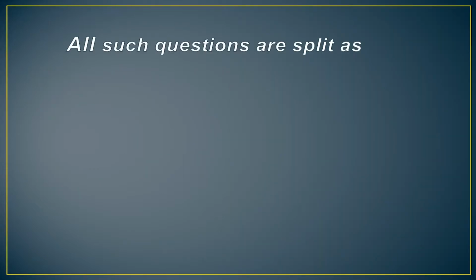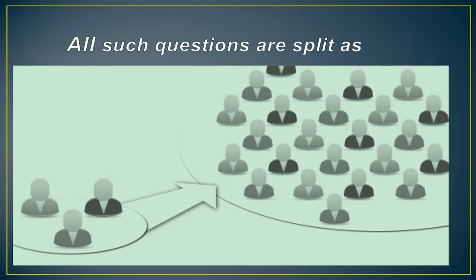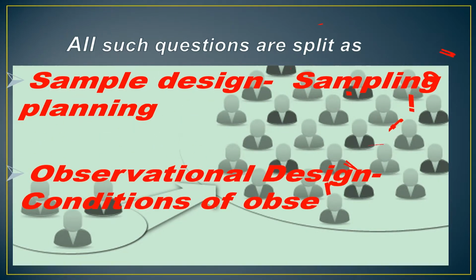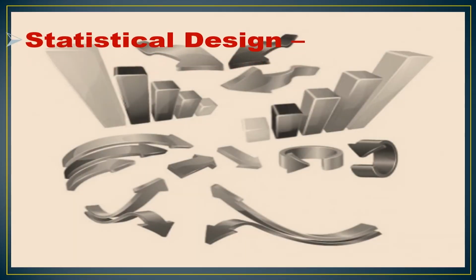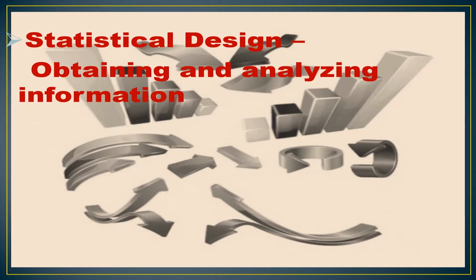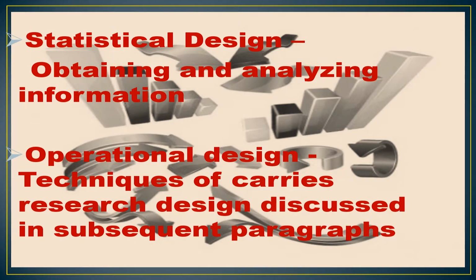All these questions may be split into the following categories: sample design, which deals with sampling and planning; observational design, which deals with conditions of observation; statistical design, which deals with obtaining and analyzing information; and operational design, which deals with the techniques of carrying out the research design discussed in subsequent paragraphs.